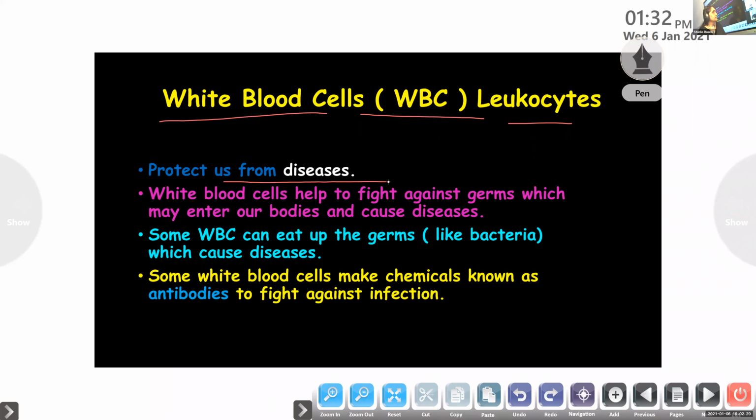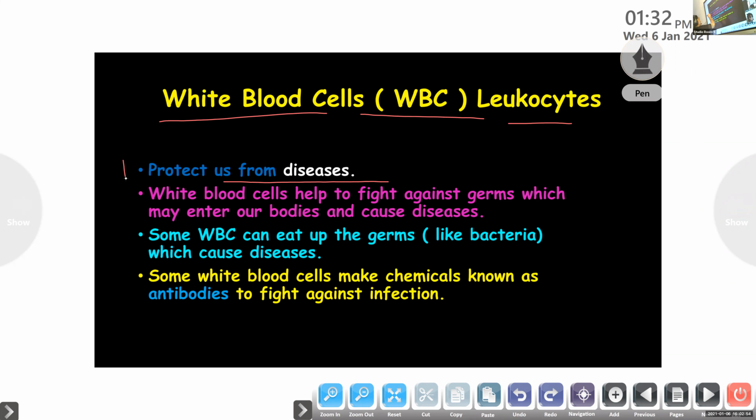Which component in blood protects us from diseases? White blood cells. Can you tell me the other name of WBC? Leukocytes. Okay.